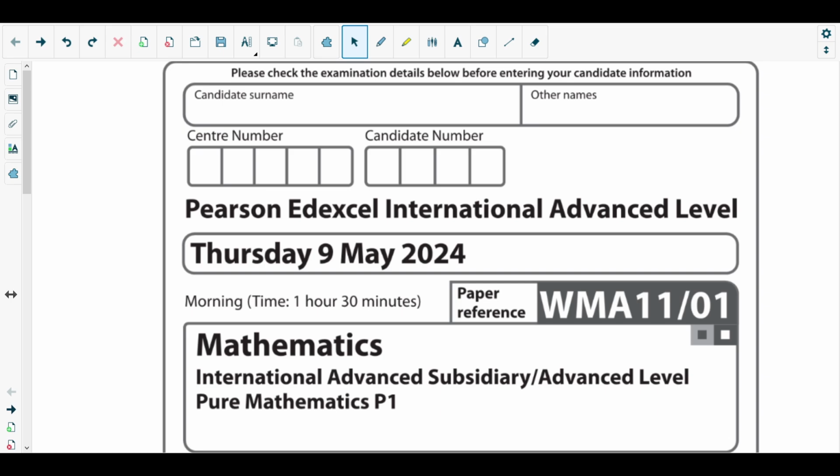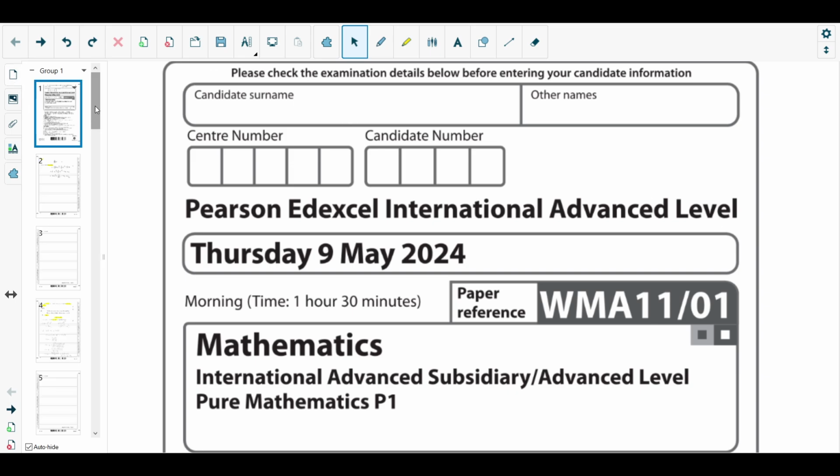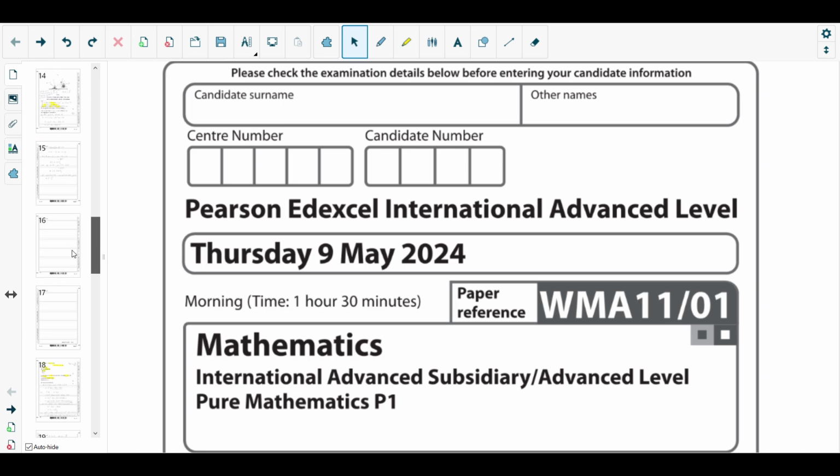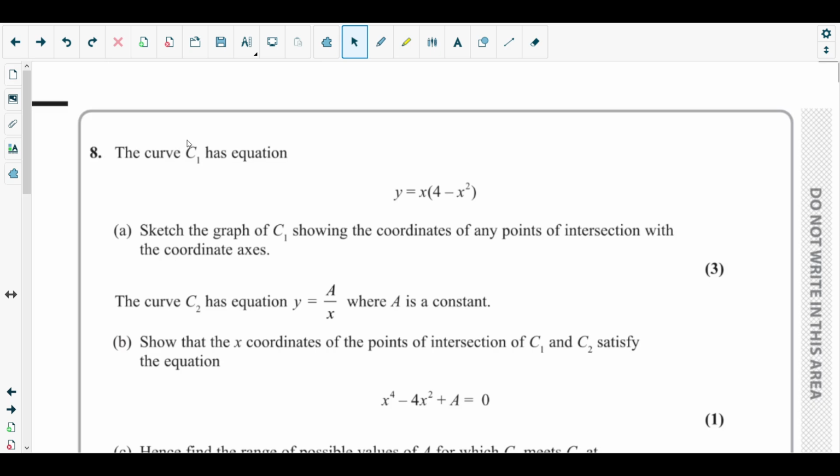So in this video we will be solving question number 8 from the P1 May 2024 paper. Let's see what question number 8 is about. Briefly, the concepts behind it are from P1 chapter number 4, the first part of the chapter on graphs and finding points of intersection, not transformations.